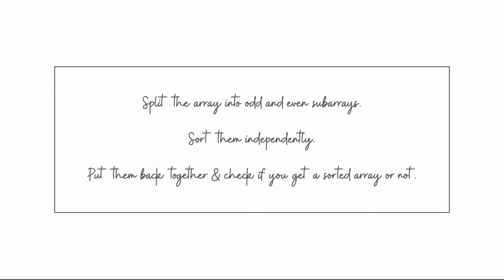In particular, you can observe the behavior of the even and the odd subarrays independently and conclude that the outer while loop will never run for more than n iterations, and of course the inner for loop by design will run for exactly n minus 2 iterations every time. So the overall complexity is going to be order n squared. That's a claim that we had made earlier, so I just wanted to make sure that we have some sense of why it is true.